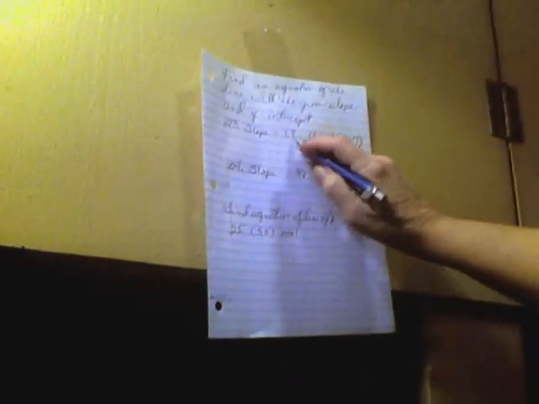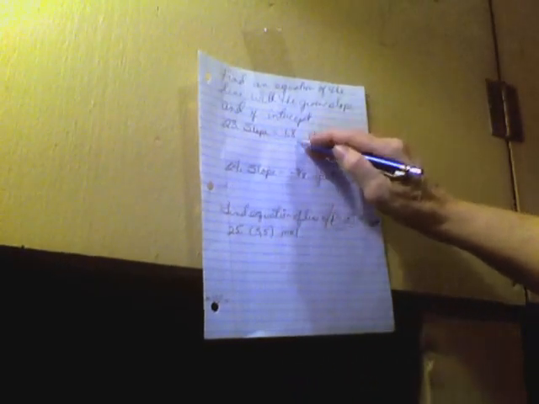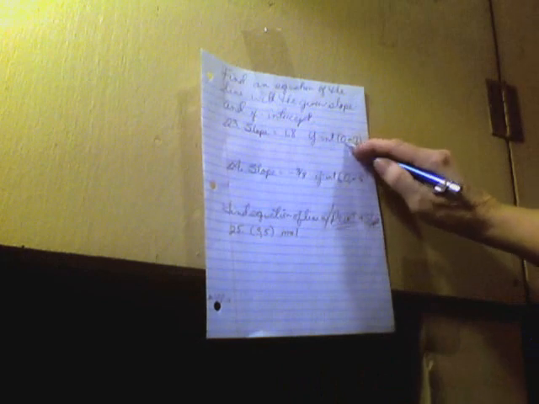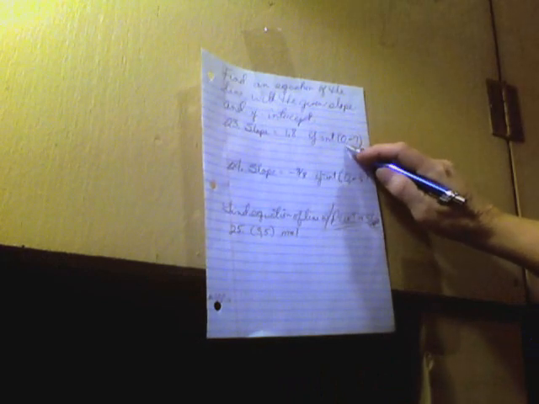Now number 23. 23 says to find an equation of the line with a given slope and y-intercept. So it's the same concept. This one, it gives us a slope of 1.8 and the y-intercept is 0, -7.